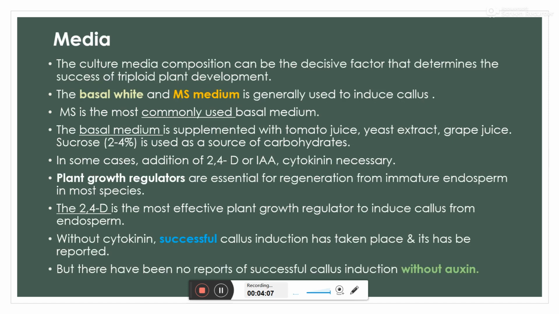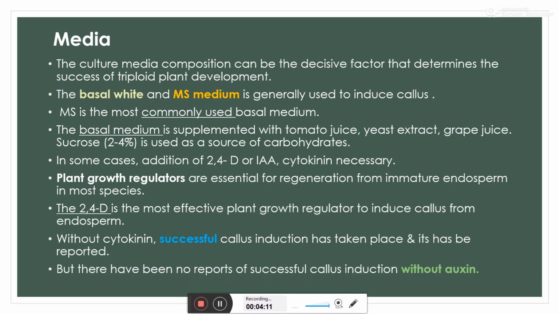Now coming to the media used in endosperm culture, there are two main, generally used media which will induce the callus. These are basal White's medium and MS medium.